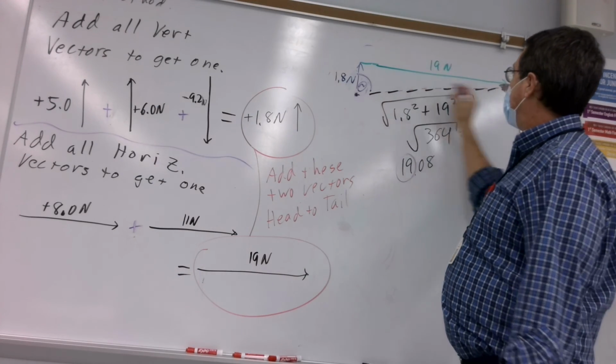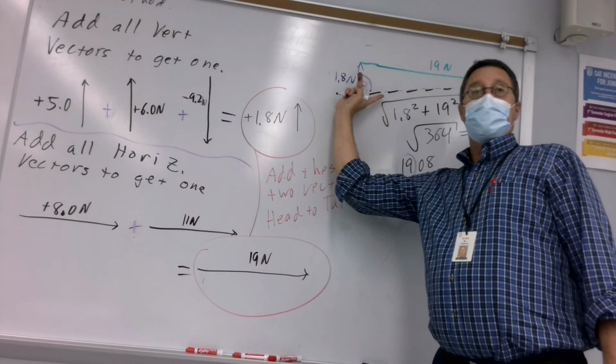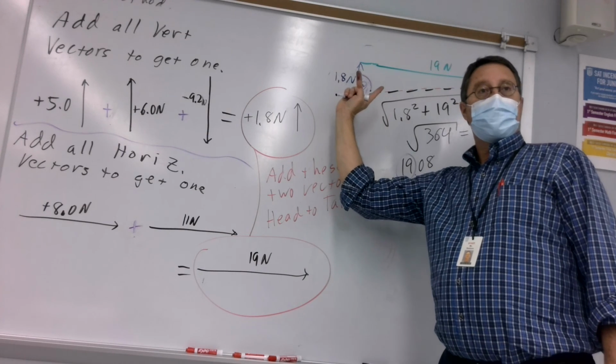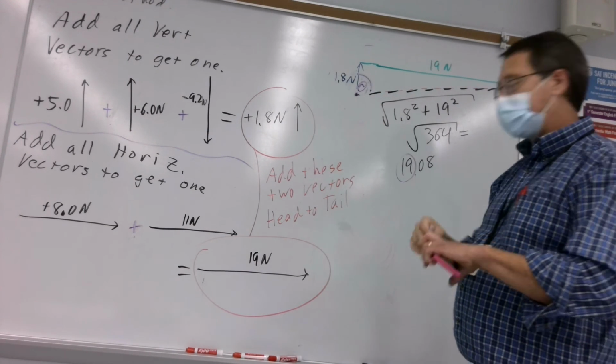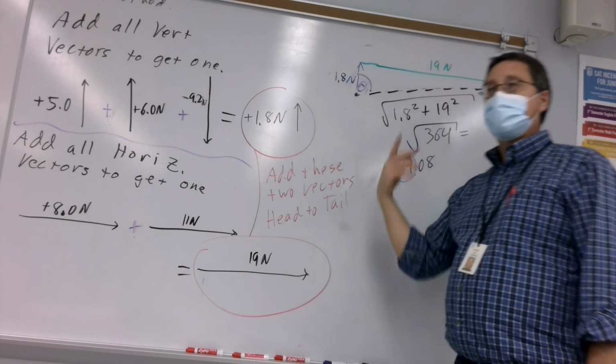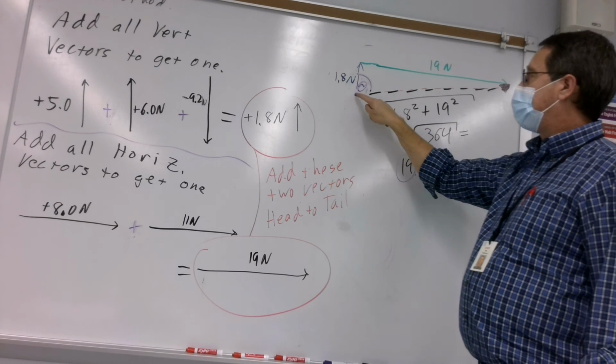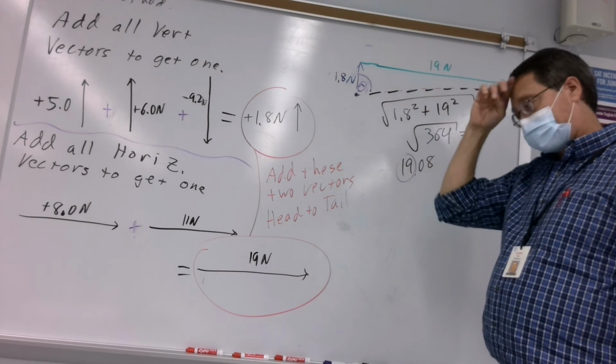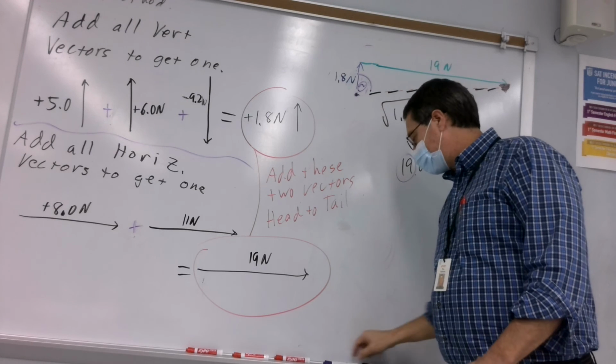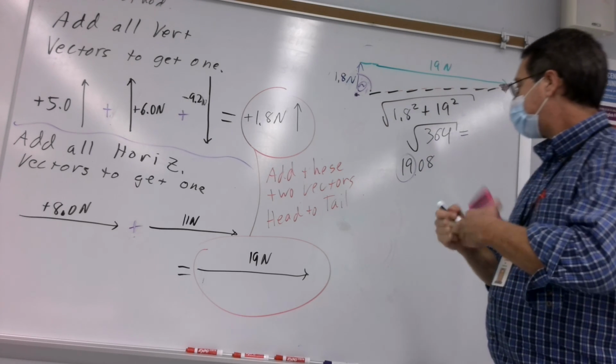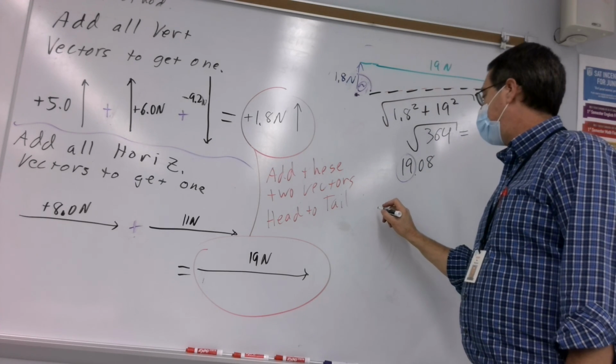The vector itself is always one side of the angle that you're using for an angle reference, okay? Get that? So you always are finding an angle to use for a direction for a vector where the angle's vertex is the tail of the vector. So now we're going to find theta here.